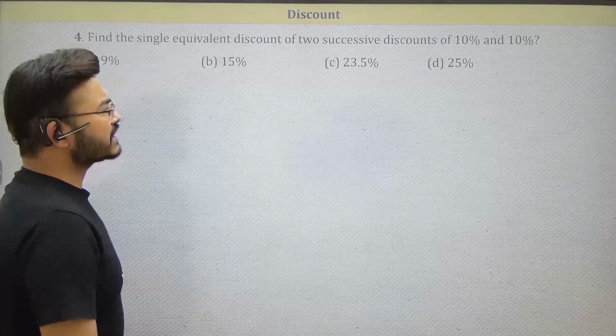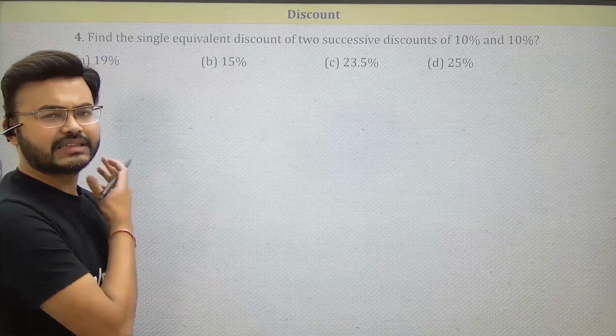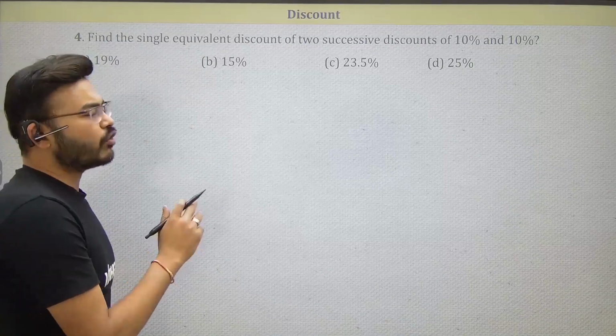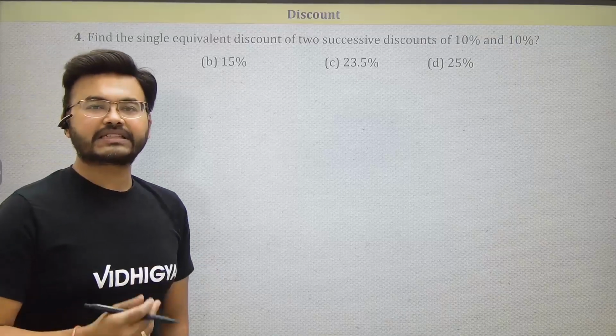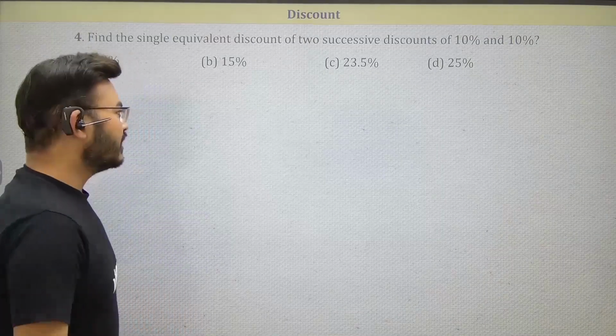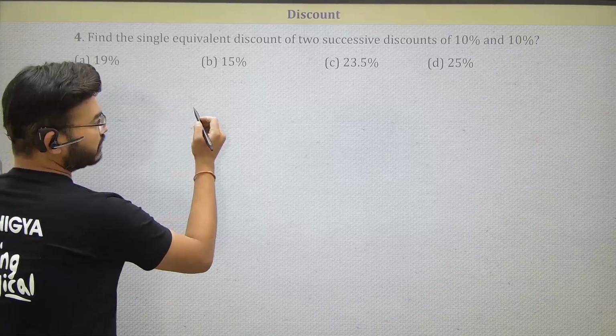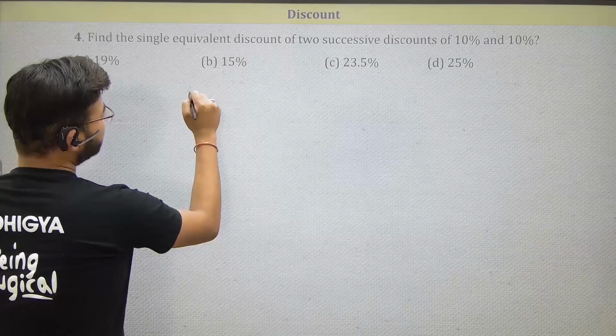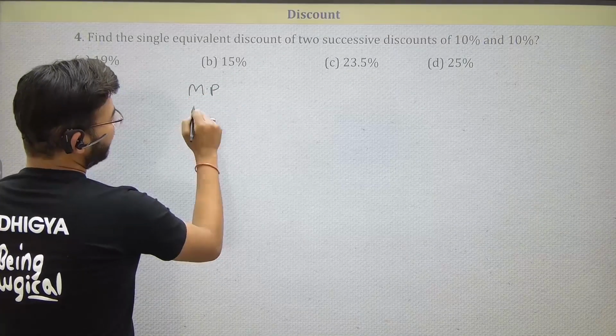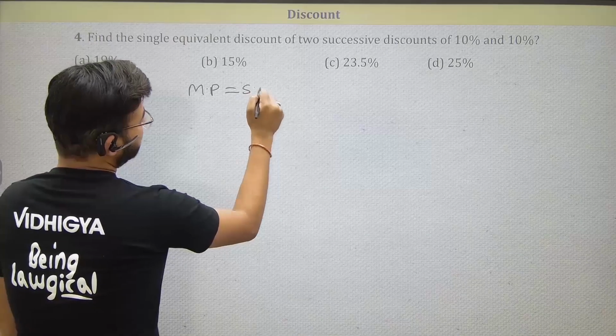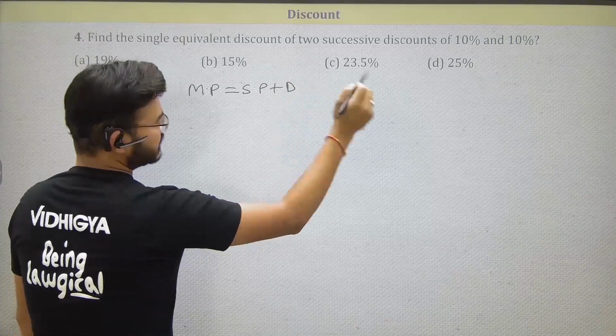Okay. So successive discounts of 10%. Here we will utilize the formula of successive percentage changes. Now, one important thing to note here is that marked price comprises two components, selling price and discount.